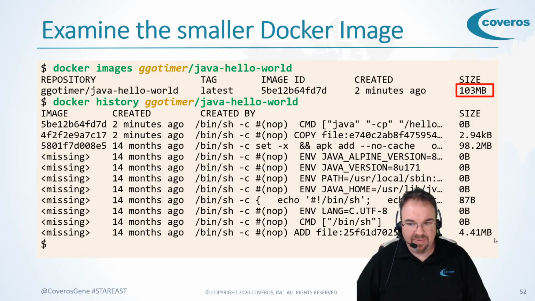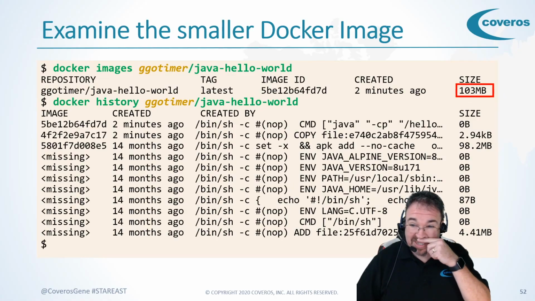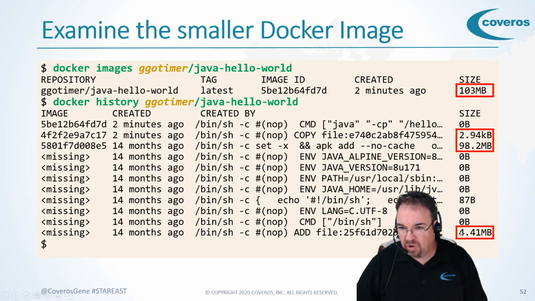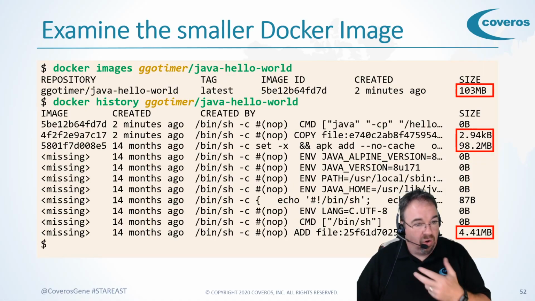You can actually see the 4 megabytes down here. This one, last time it was 618 megabytes. This one is going to be closer to 100, right? And it's 100 because we started with 4. We did our builds, but then we got rid of all the JDK, the Maven, the Git, all the plugins we downloaded for Maven that ran.